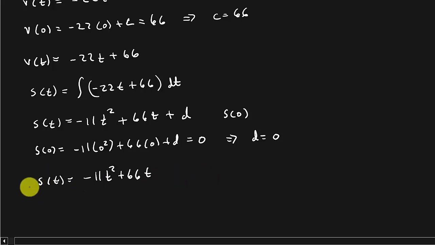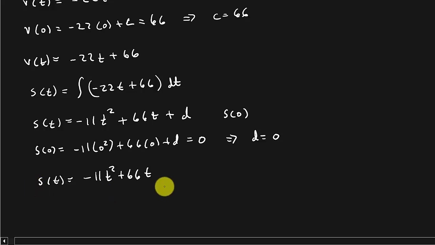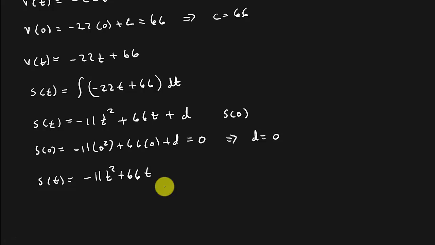So I need the distance that he traveled, which is S. Well, what do I plug in for t? That's the million-dollar question. I've got to have something to plug in for t. So we need to know at what time did he stop. How many seconds later did he stop?